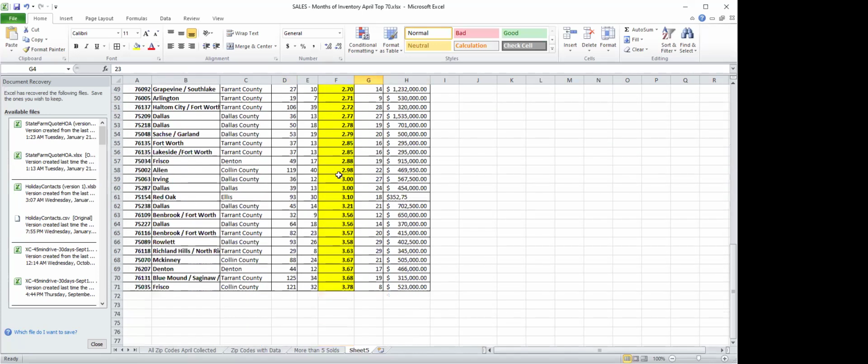And then if we look at the bottom of the stack, there are still good flipping opportunities. There are just fewer buyers compared to the sellers. Let's look at this one in Frisco: 101 properties on the market, which means active, but only 32 sold.